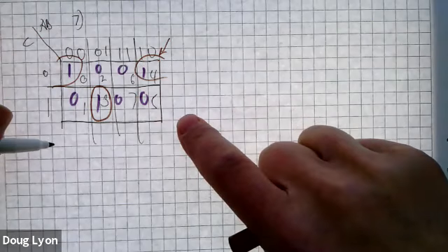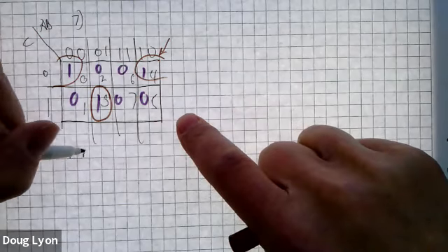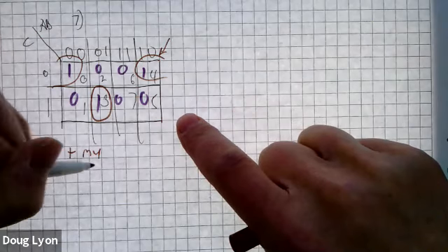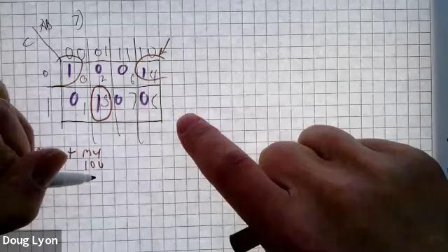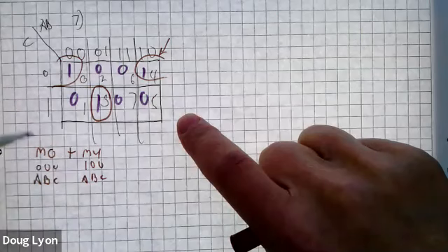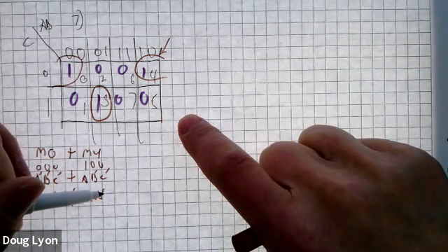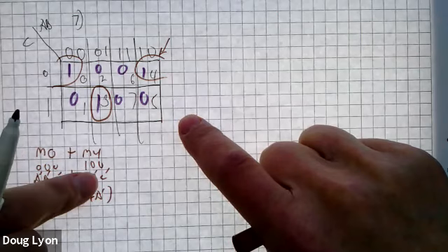So if we look at M0 and then M4, what we see is 0, 0, 0 and 1, 0, 0, which corresponds to ABC, and then the primes are where the zeros are. You look at BC prime times A or A prime, because you're factoring out the common terms.